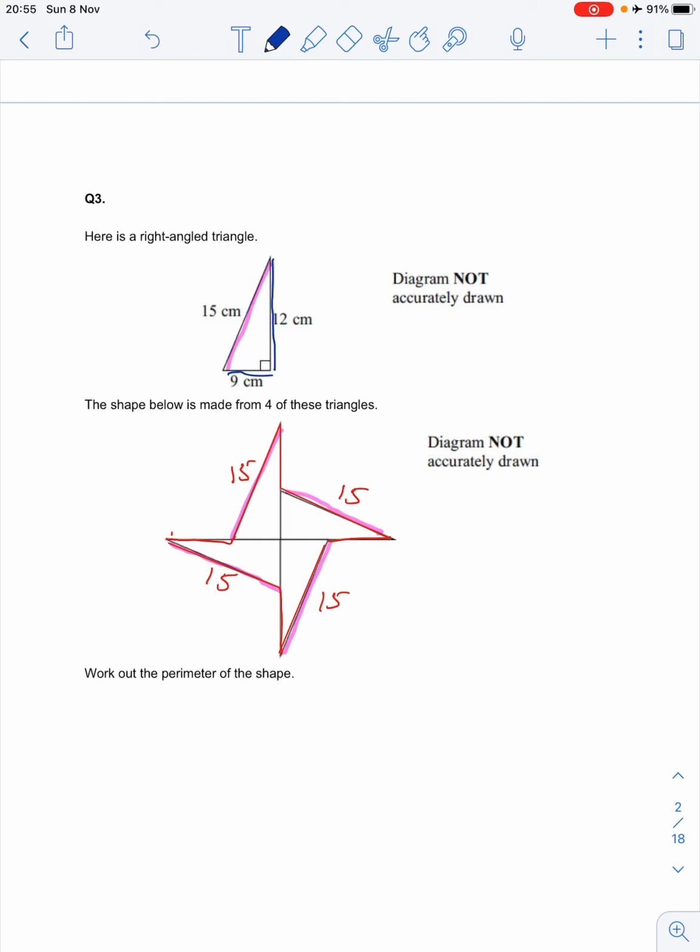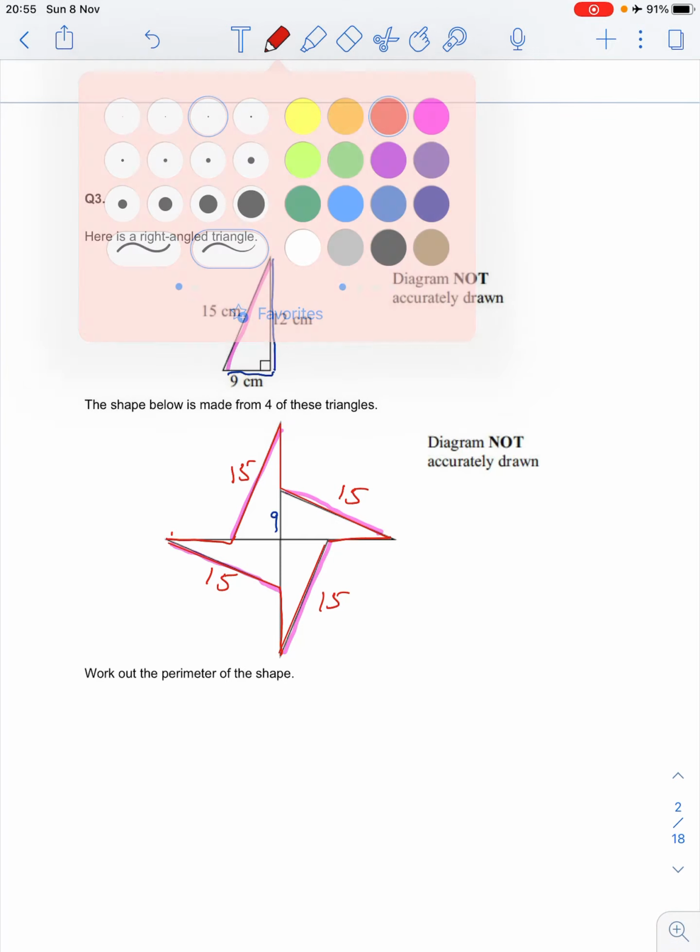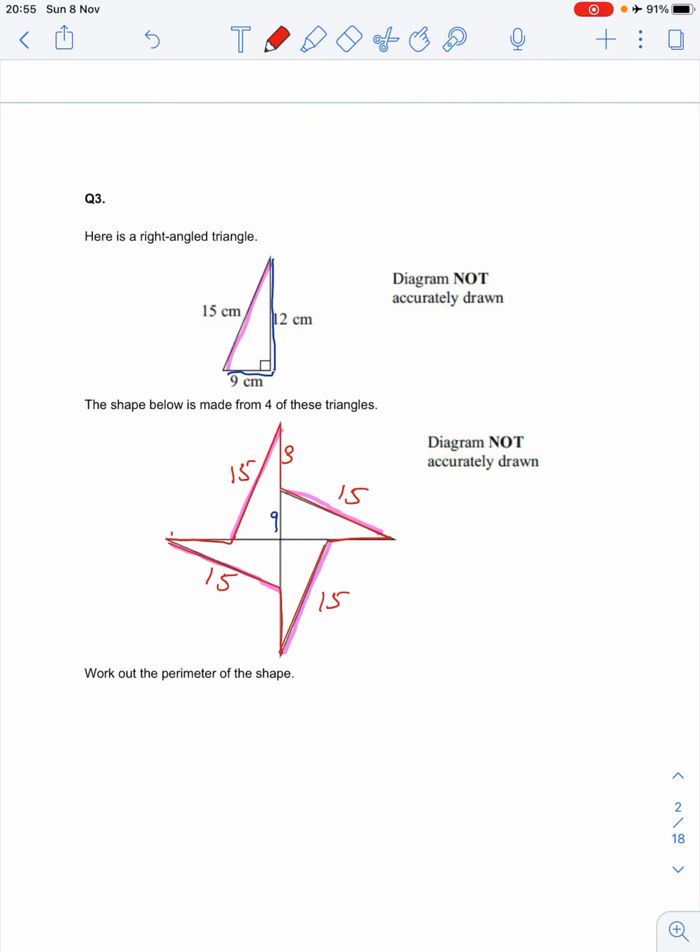We're given this part is 9, and 9 plus what gives us 12? 9 plus 3, so this part is 3. Then here again, this part is 9, and we need to make 12, so this is 3. Similarly here, this is 9, and therefore this part is 3.